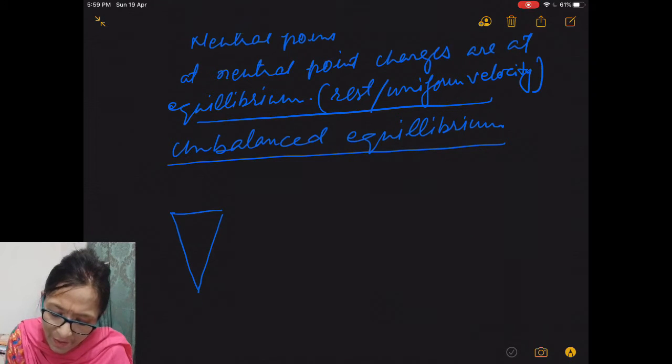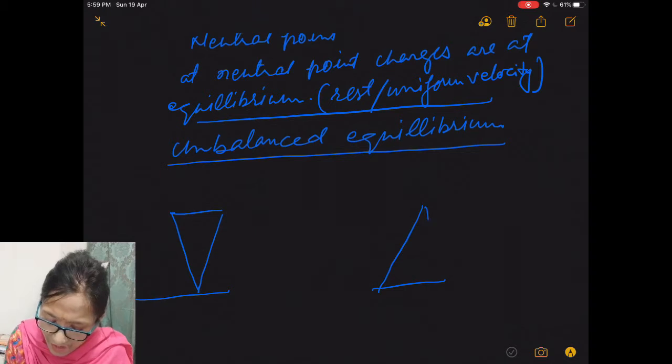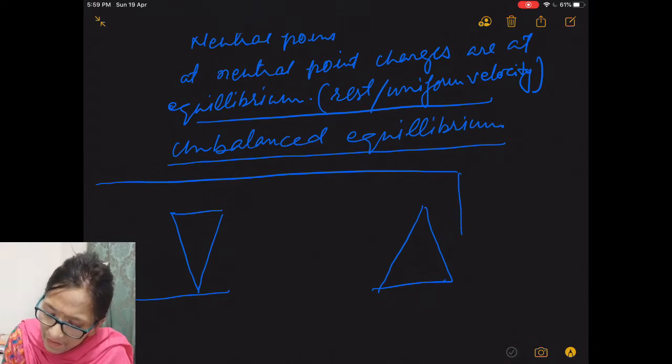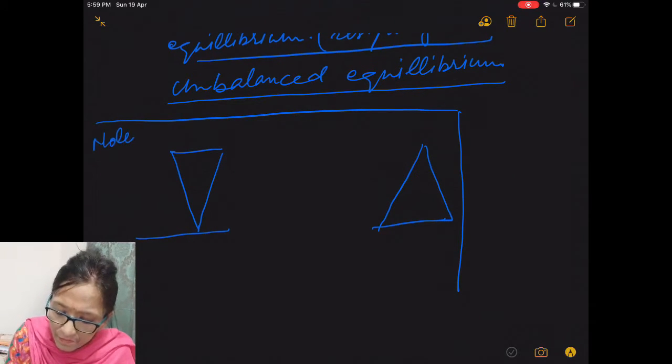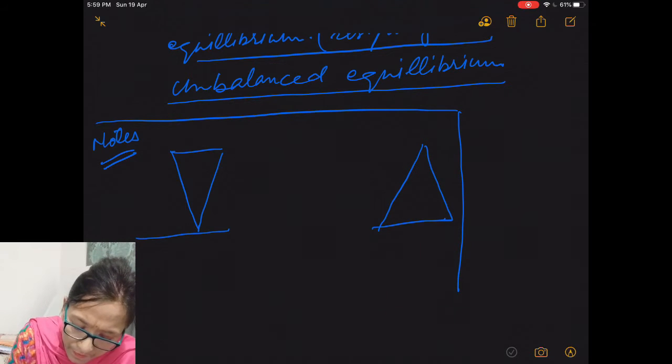Let me take example of two keeps. One keep is kept upside down on the ground, and other keep is kept upside up and downside down. Let me take it in notes.